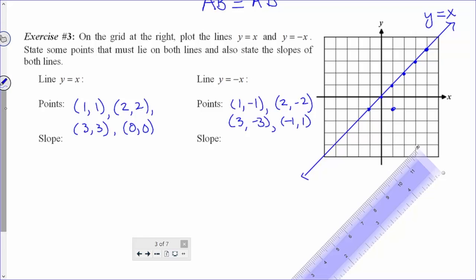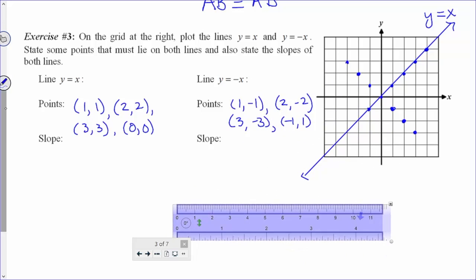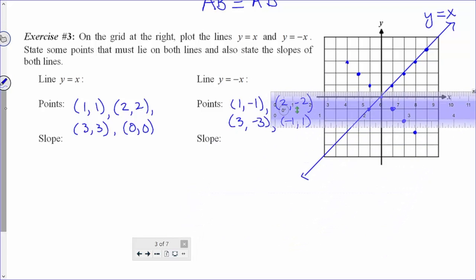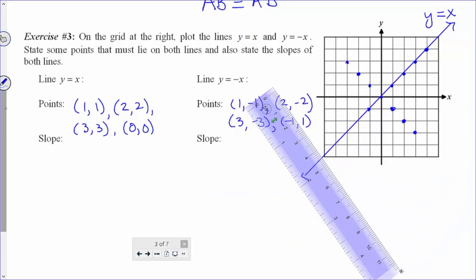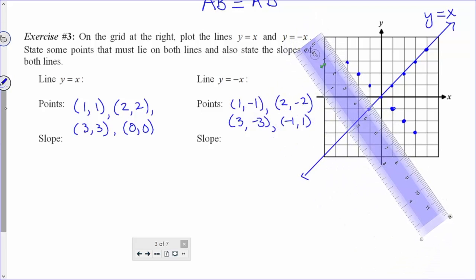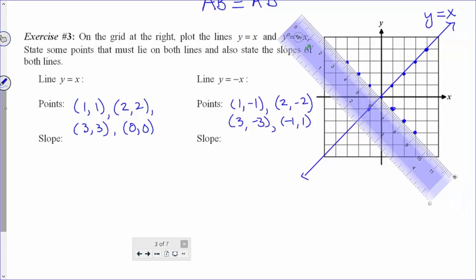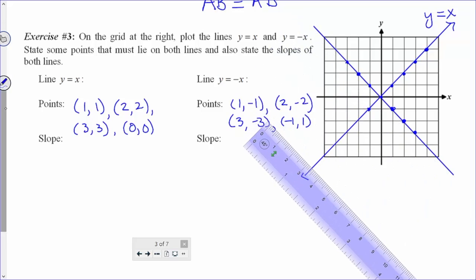So it includes these points. All right, so let's get that graphed. And there's the line y equals negative x.